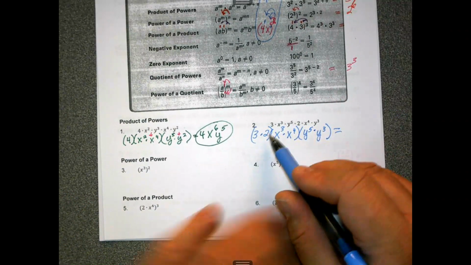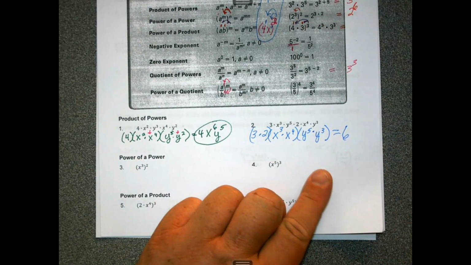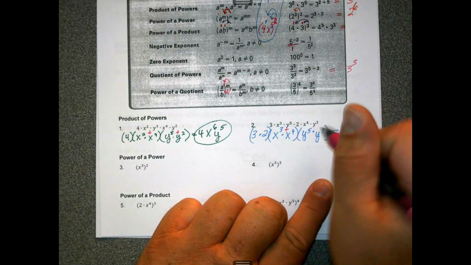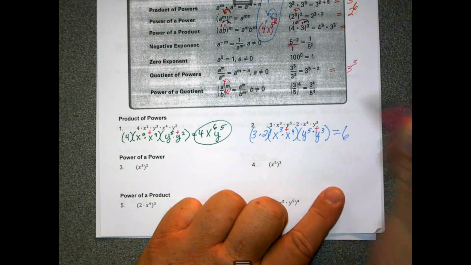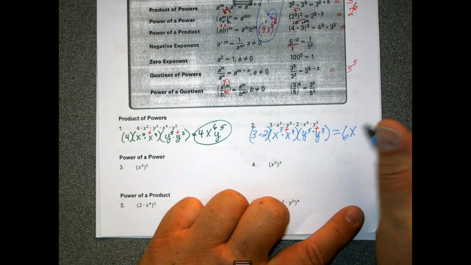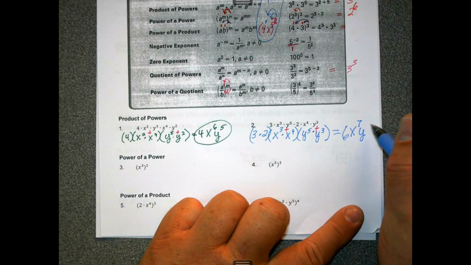Now the numbers I can multiply together, right? 6. I have to add my x exponents and my y exponents. So I have x to the 3 plus 4 is 7. And then I have y to the 5 plus 3 is 8.